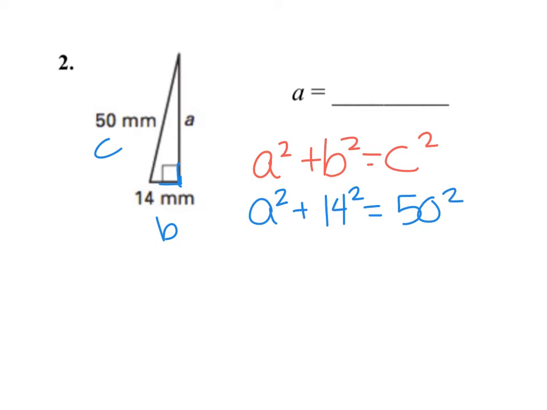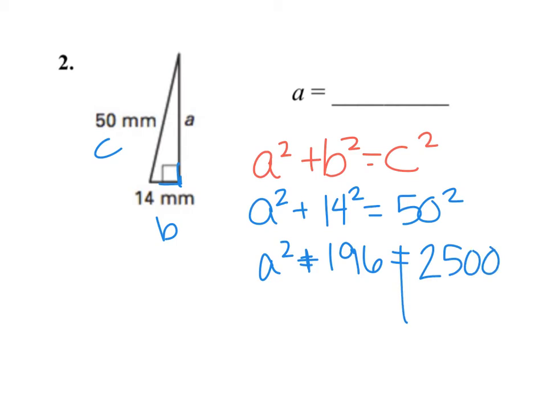All right, so let's do some simplifying. A squared plus 196 is equal to 2,500. And then let's just continue solving, minus the 196. And I'm going to get A squared is equal to 2304.